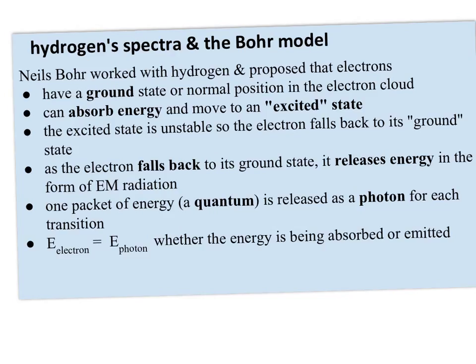And when it does, it releases energy in the form of electromagnetic radiation. He also realized that the energy is released in just these packets or quantums. And we now say they're released as a photon, with a photon containing a quantum of energy. So the energy that the electron is either absorbing or releasing is going to be equal to the energy in the photon.